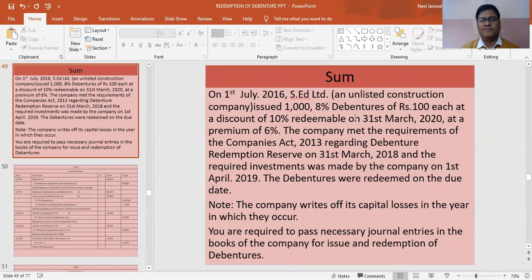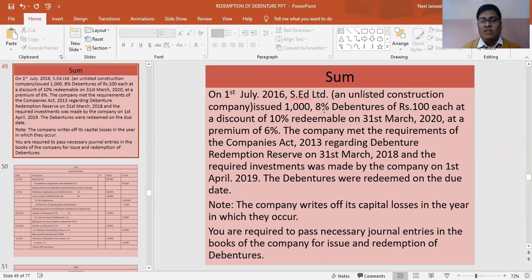Let's do a sum. On 1st July 2016, Asset Limited, an unlisted construction company, that means they have to, remember the provision, unlisted company, they have to make DRR as well as DRI, issued 1,000 8% debentures of 100 each. They have to make DRR and DRI at the time of redemption, prior to redemption.